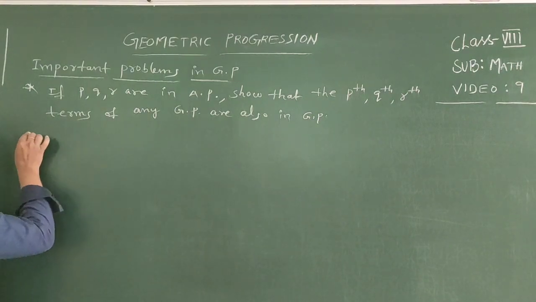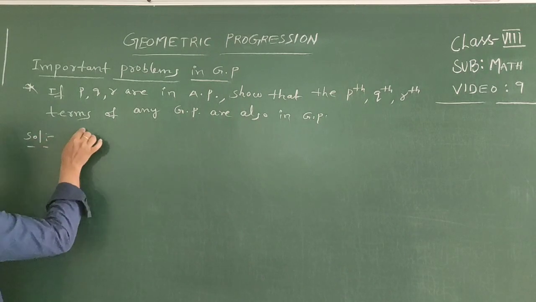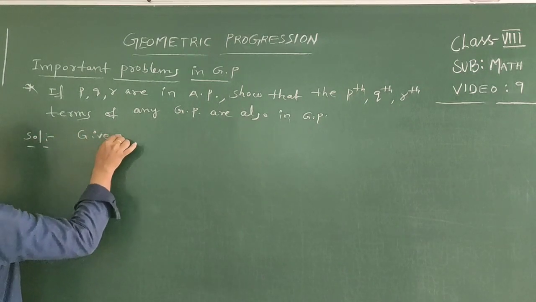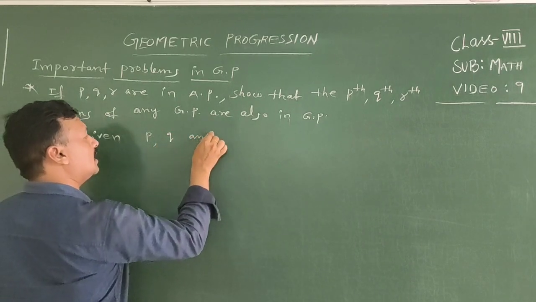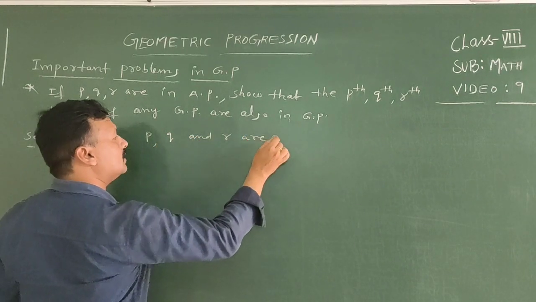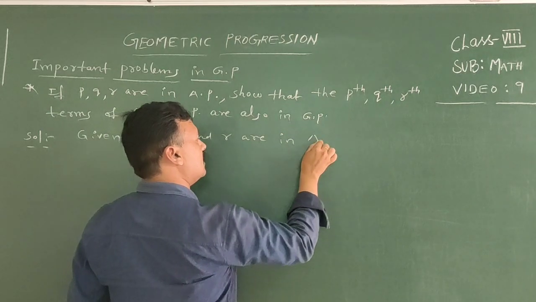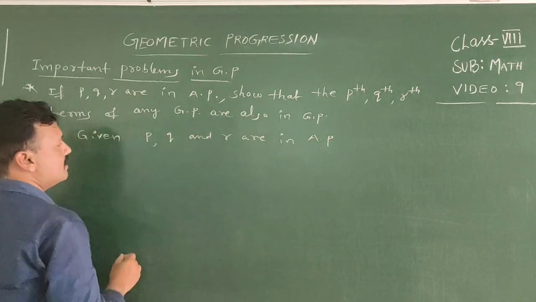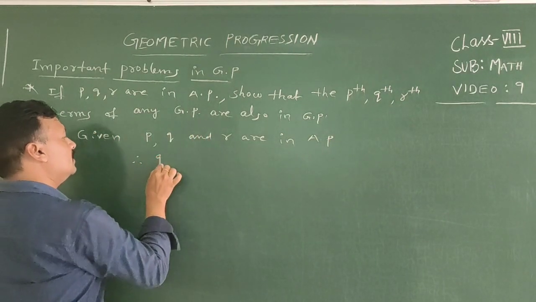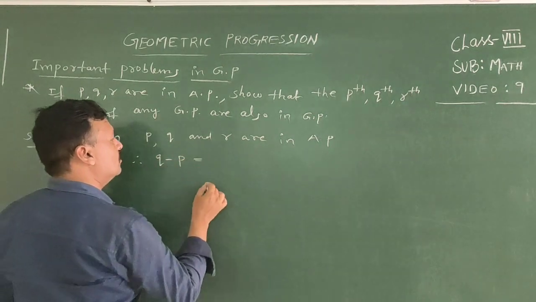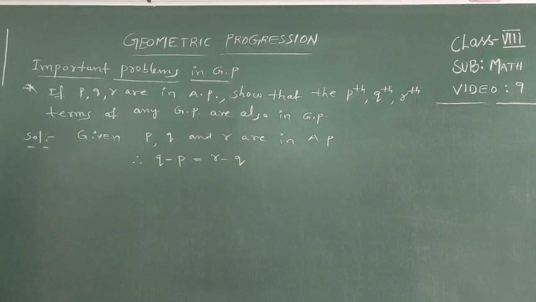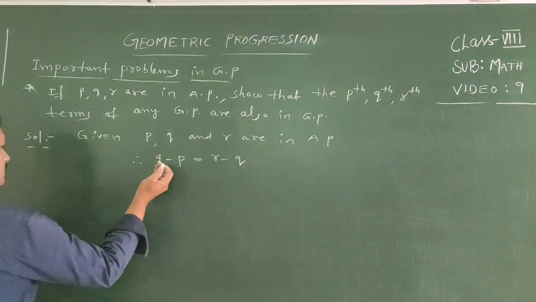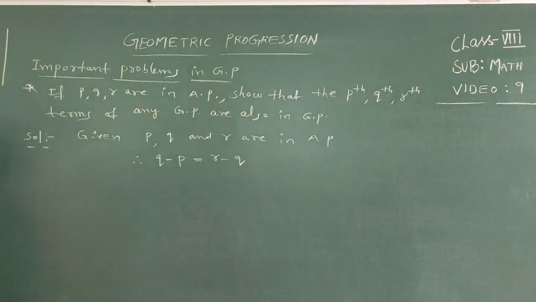First of all, given P, Q and R are in AP. Therefore, Q minus P equal to R minus Q. That is one of the conditions from the given.